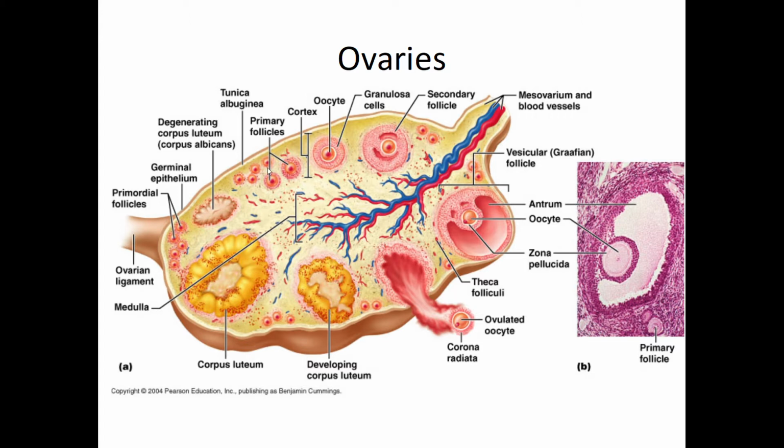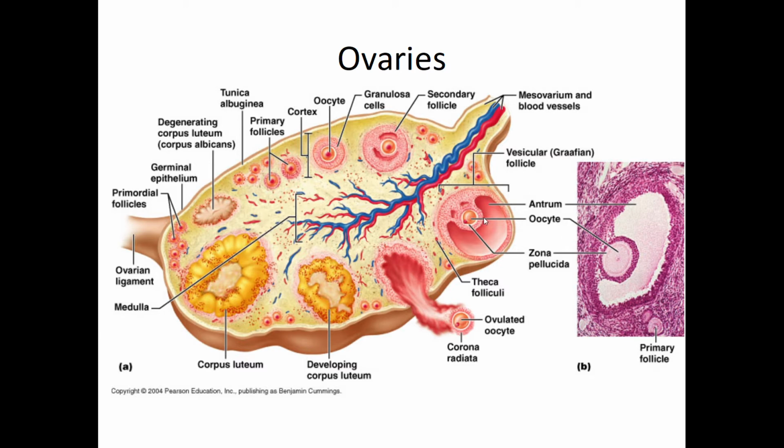Generally, a few of them are going to develop at this point, and then you'll have an oocyte, the actual egg, surrounded by a secondary follicle. So this is fully developed. One of these will develop every month.